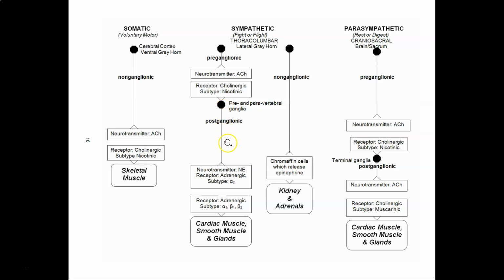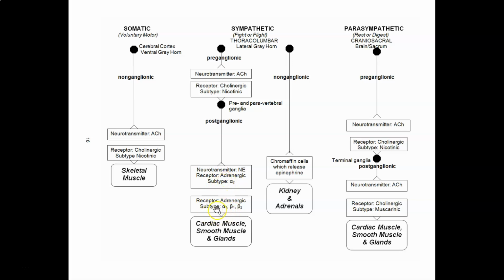For the postganglionic fiber, that tends to be a long fiber that goes to the end organ, which is typically cardiac muscle, smooth muscle, and glands. And that releases norepinephrine to adrenergic receptors, and on the presynaptic membrane there are alpha-2 receptors that only get activated in high levels of norepinephrine release.